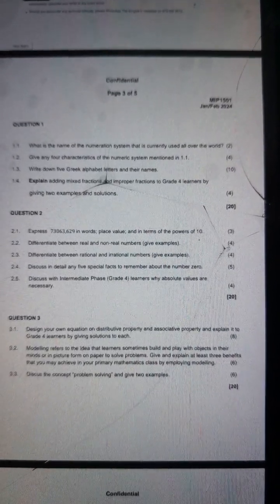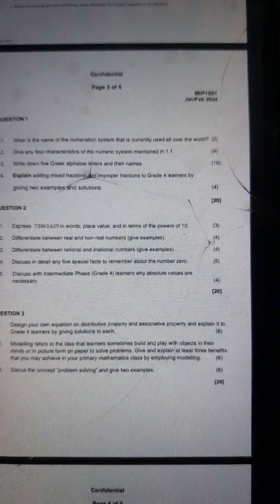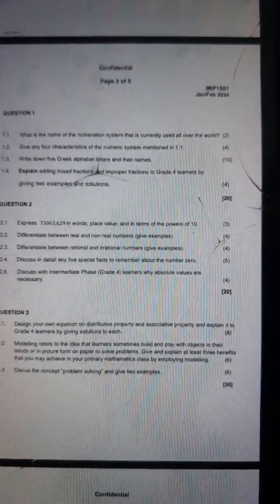Then in terms of irrational numbers, I usually call them crazy numbers. These are numbers that cannot be written as a fraction. I hope you have differentiated between the two. Note that in the book.